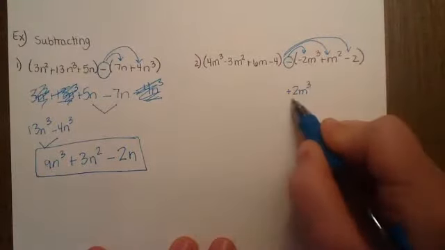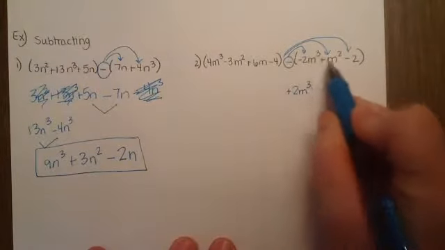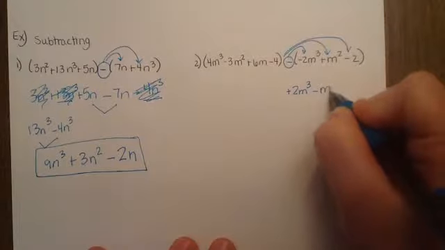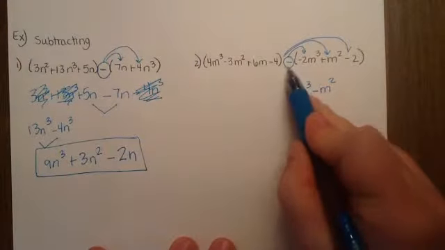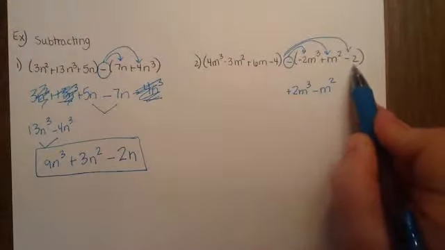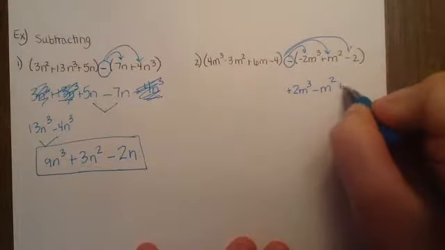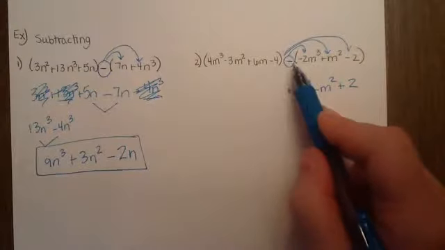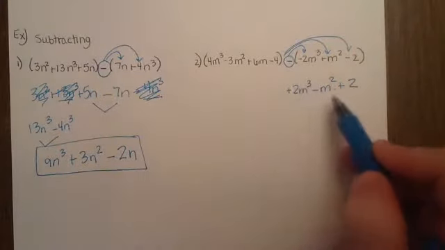Negative times a negative becomes a positive. Negative times a positive, negative m squared. Negative times a negative, positive 2. Be very careful with your signs.